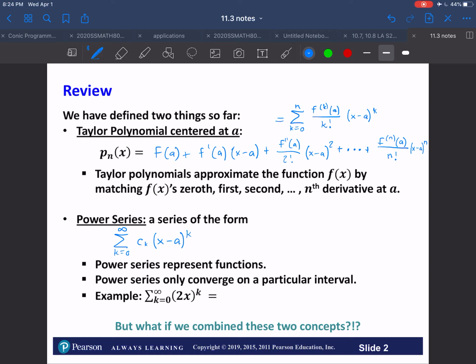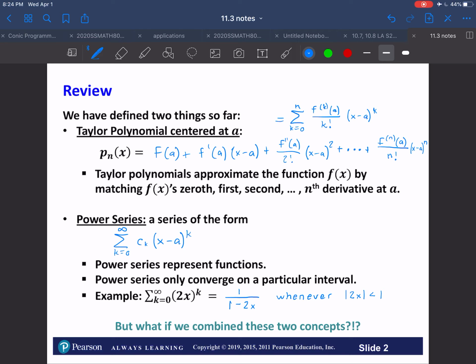This is a power series here because we have powers of x minus a to the k. And in fact, we discussed that this particular power series could be written as 1 divided by 1 minus 2x whenever the absolute value of 2x is less than 1.